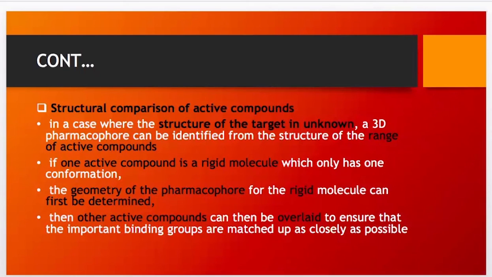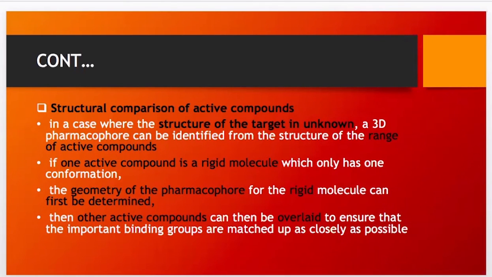So in a case where you have different compounds, an example maybe these beta-1 blockers, like carvedilol, atenolol, and all those ones. So let's say you have a class of many different active compounds.